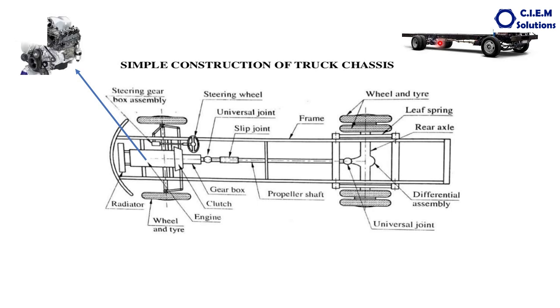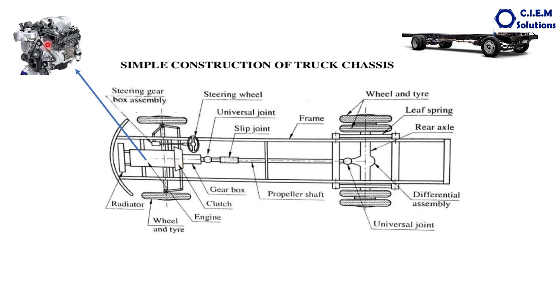The first component is the power generating device, that is the engine. The first and foremost component is the engine fitted in front of the chassis. Of course, in some of the buses you can see the engine is fitted in the rear side also. And let us think about the commonly used truck.